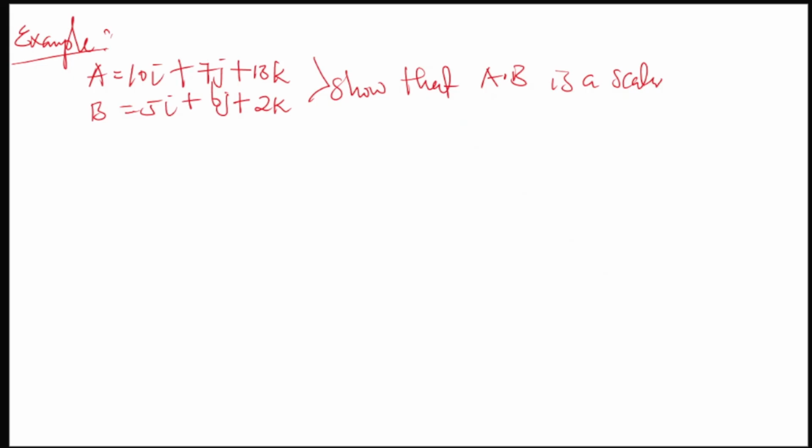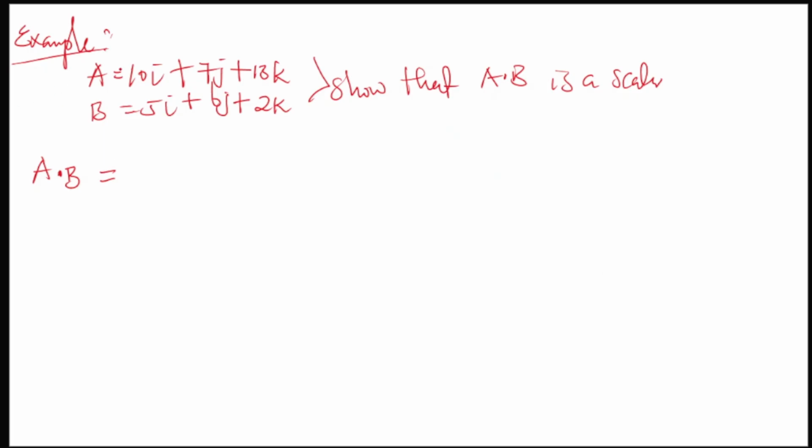So since we are going to see magnitude without direction, let's solve this example given. So we have A multiplied by B. We are now asked to show that A multiplied by B is a scalar and not a vector. Am I communicating? Now how do we show that this is a scalar?